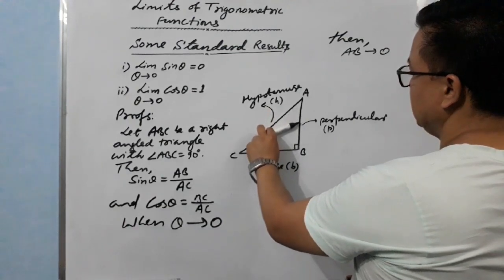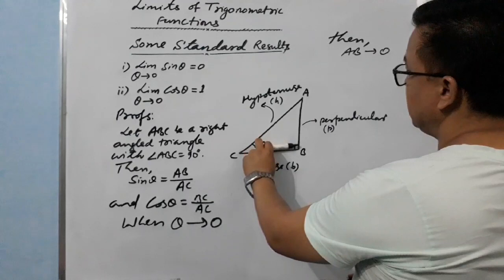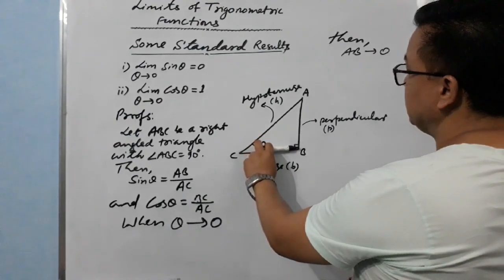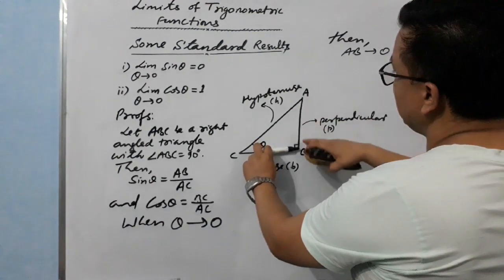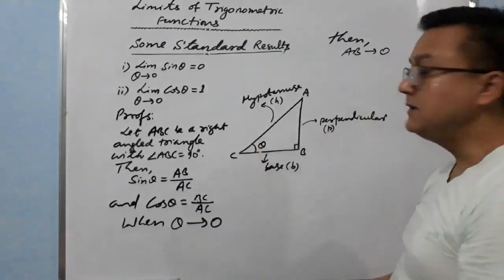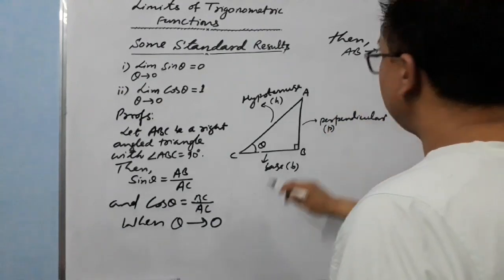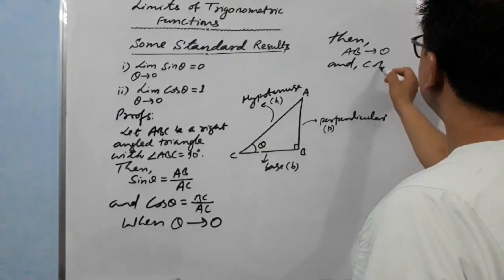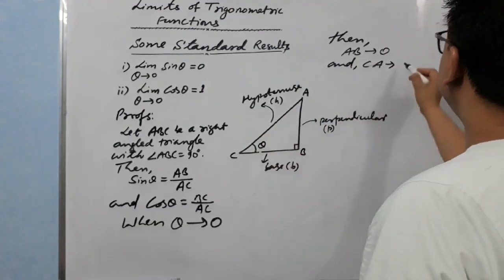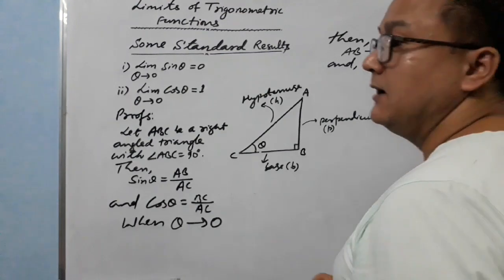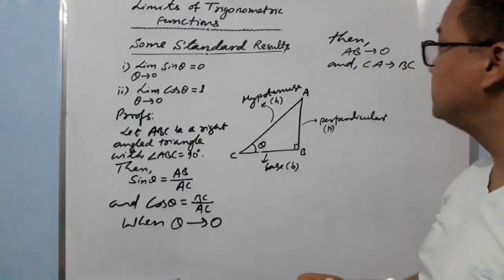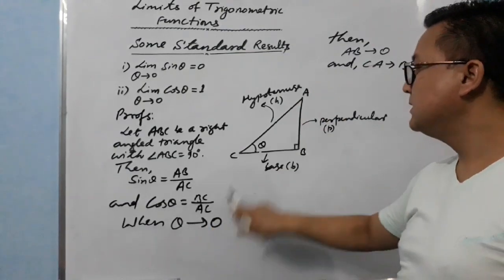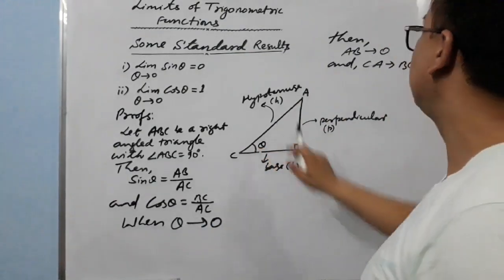The angle between AB and AC will be almost 0. Then there will be no perpendicular, that's why AB tends to 0, and AC or CA tends to BC, and the length of CA will be equal to BC, when theta approaches 0, this angle approaches 0.